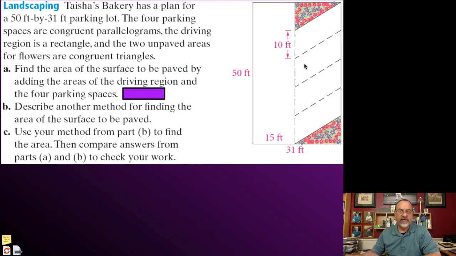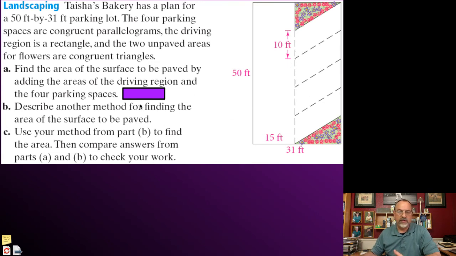An example would be something like this. You'll notice that the ends of these flower beds are triangular shapes, so you would use the triangle formula to figure out those 2. The shapes in between these are parallelograms, these parking stalls. These are just parallelograms, so I would use the area of a parallelogram to determine one, and then I have 4 of them, so I just add 4 of the same areas together, and then the 2 triangle areas together, and that would give me the area of this entire parking area on the right.